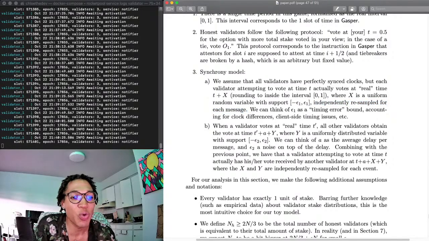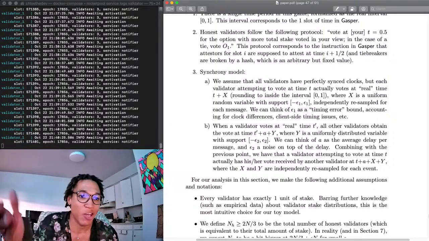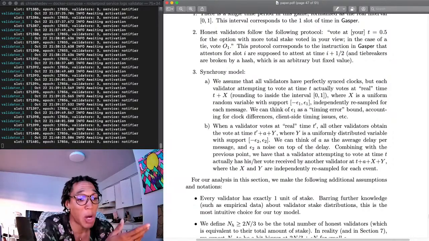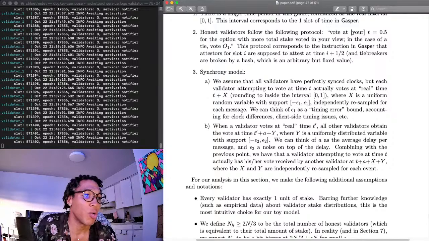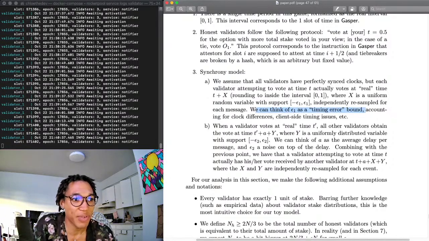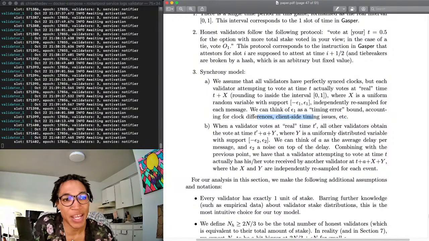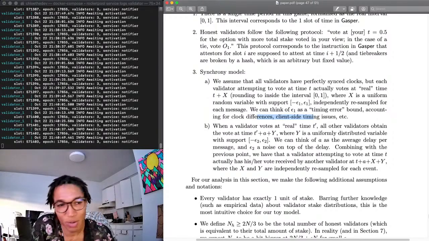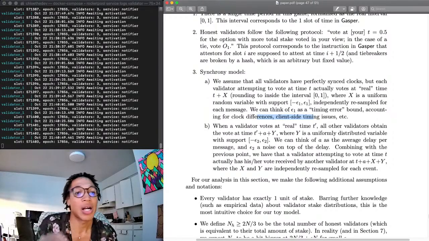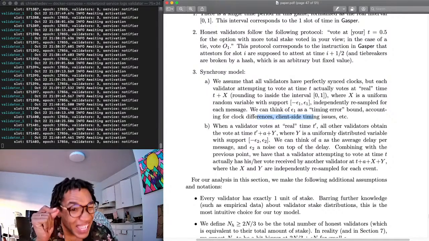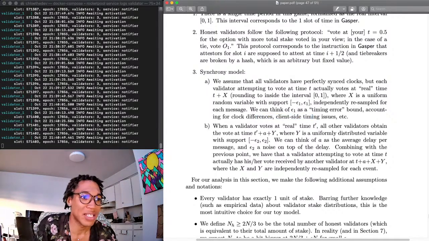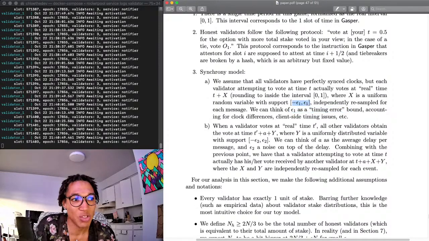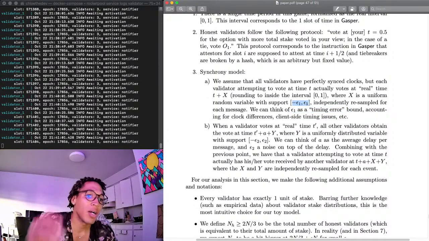So we assume we all have the same clock, and yes, we all might be off by a little bit, but we can think of this as a timing error bound, accounting for clock differences and client-side timing issues. So there might be a difference between Nimbus and Sigma Prime and Prysmatic Labs and Teku and all these different validator clients. Clients might have the timing off by a tiny bit, and so this is that timing error. So minus or plus this timing error, you should be good to go.